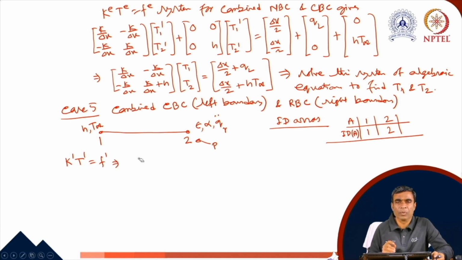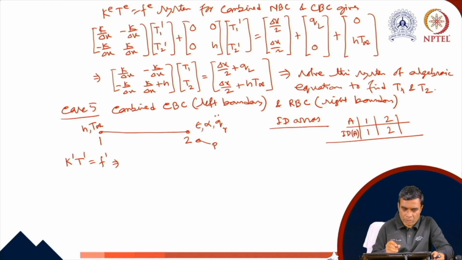Here we have three parts in the matrix: the contribution from the convection part, the contribution from the radiation part, and the contribution from the diffusion part or the thermal conductivity part.